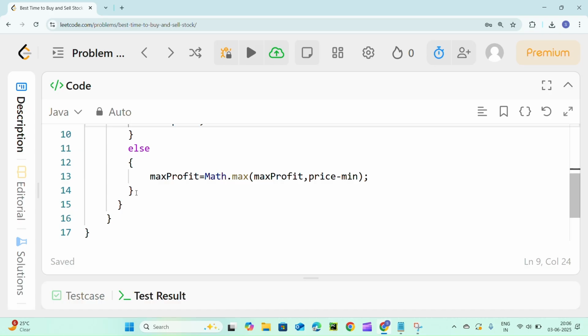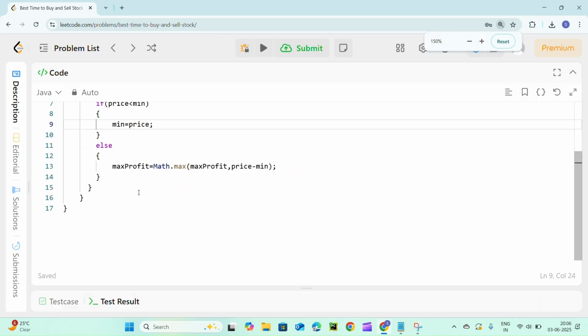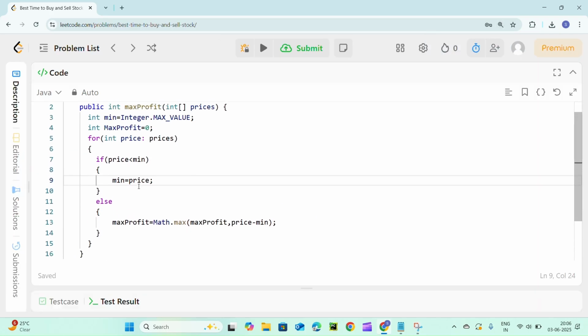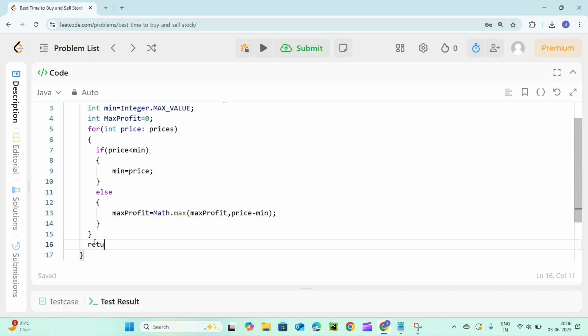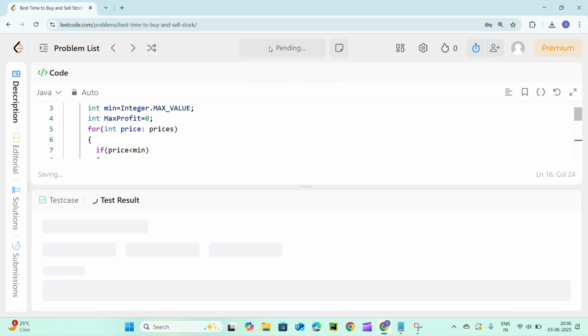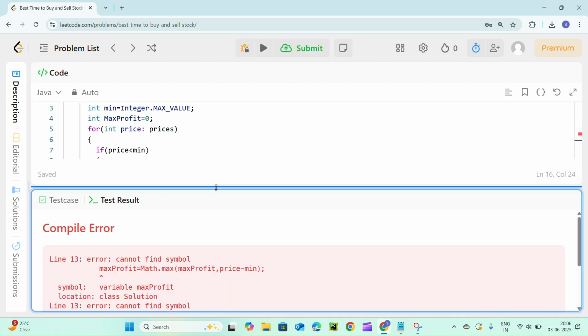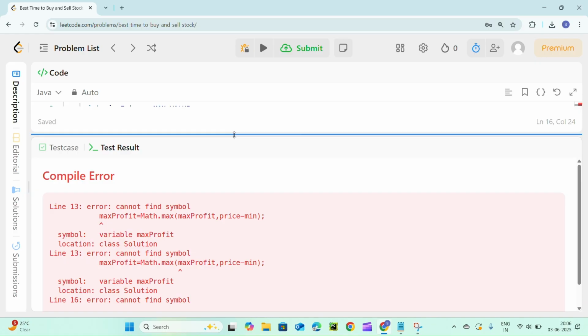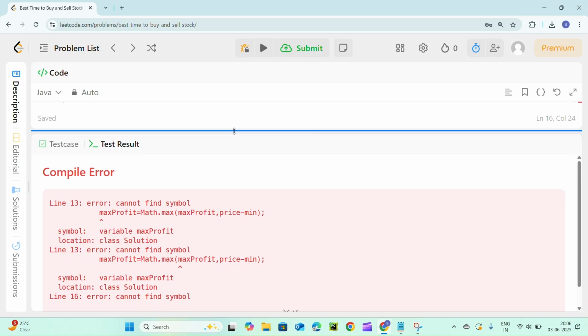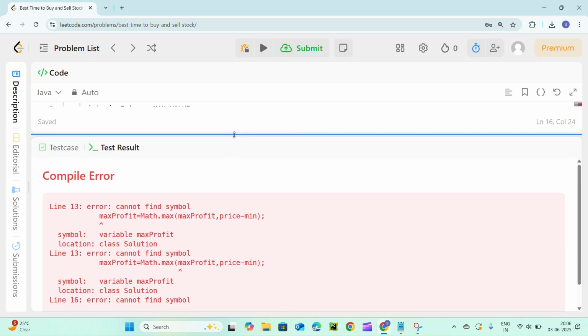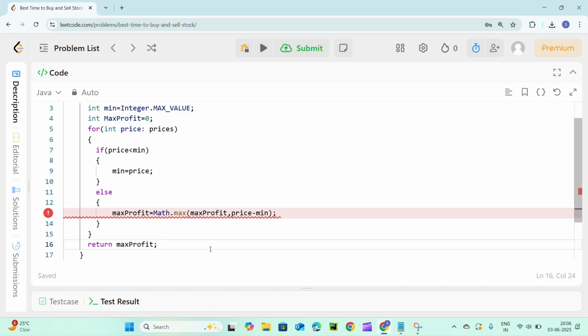Let's try to execute it. Let me decrease the size so that, yes, we need to return this max profit. Let's try to run. Something happened, maybe some spelling mistake, I guess. Let me see.